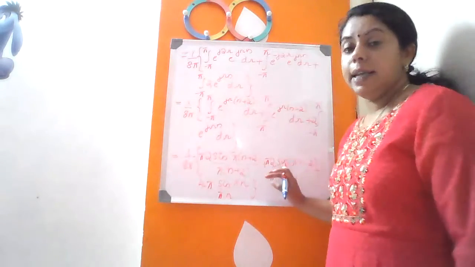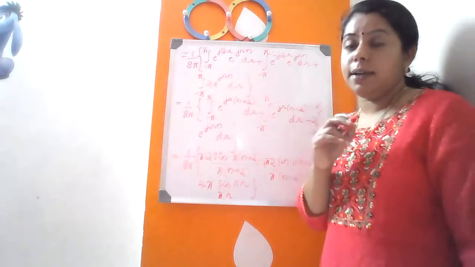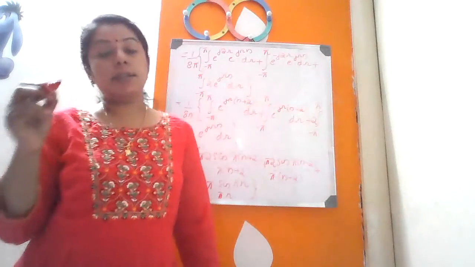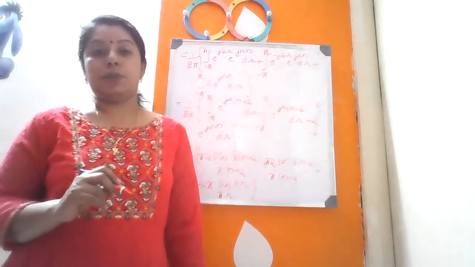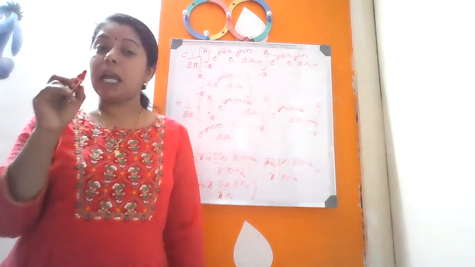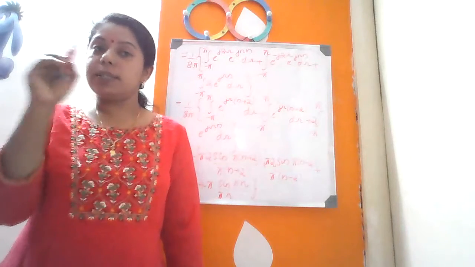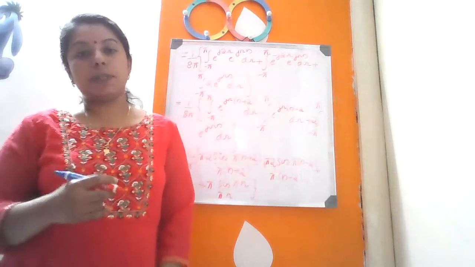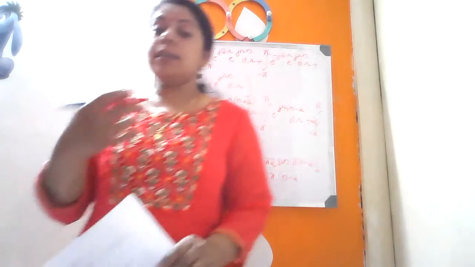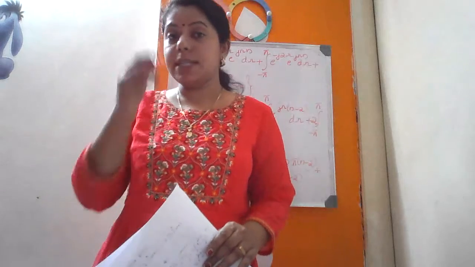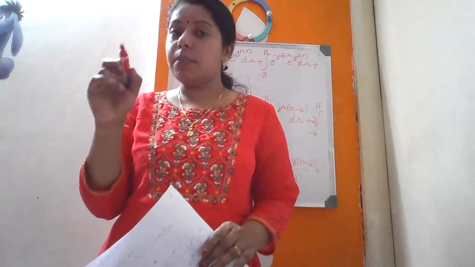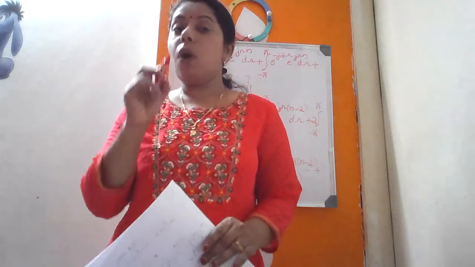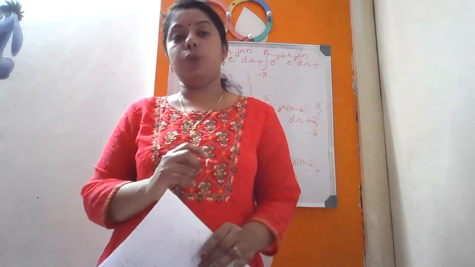Similarly the second term is sine pi n minus 2 by pi n minus 2. If I substitute n equal to 2, it becomes 0 by 0 form. Based on L'Hospital's rule, this term has a value only at n equal to 2.